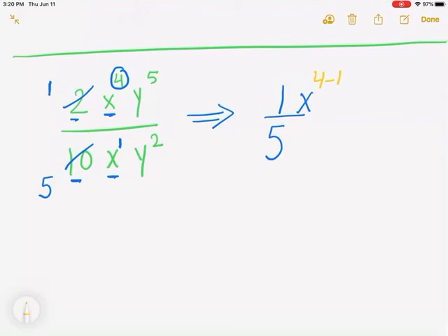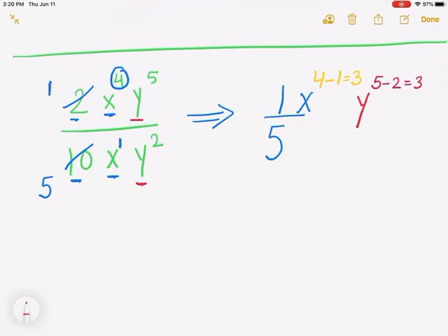It means I have 3 x's, so this becomes 3. All right, let's do the last one. I see y to the 5th, y to the second. So you have 5 y's on the top, 2 in the denominator. You can cancel out the 2, and there's 3 left on the top. Or you could just use the property, so I could subtract the exponent. I have 5 minus 2, which becomes 3.